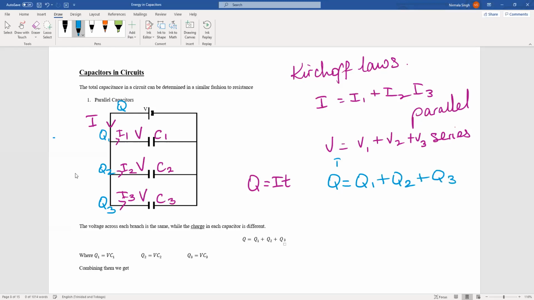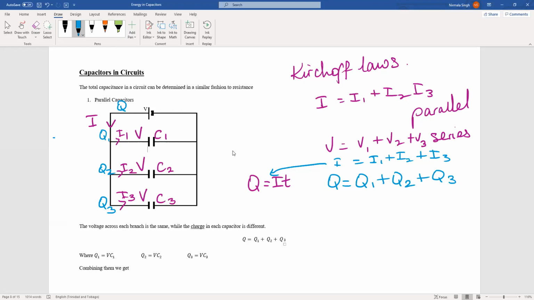I is equal to I1 plus I2 plus I3. I and Q are basically related to each other. It's the same thing. If you have your circuit, your current breaks up into different branches, so then your charge will also break up into different branches.